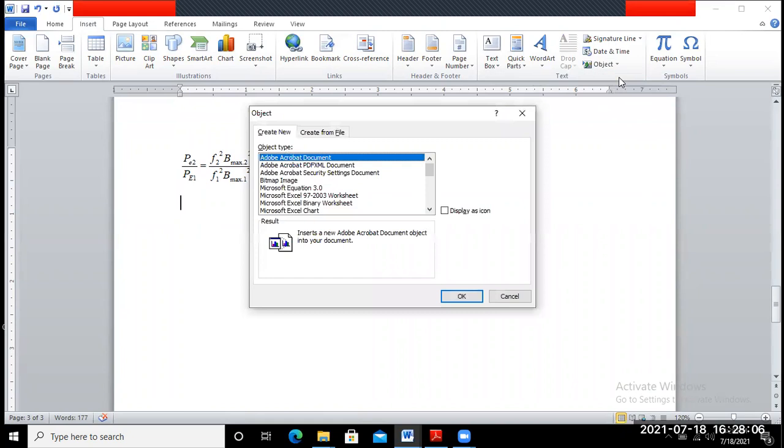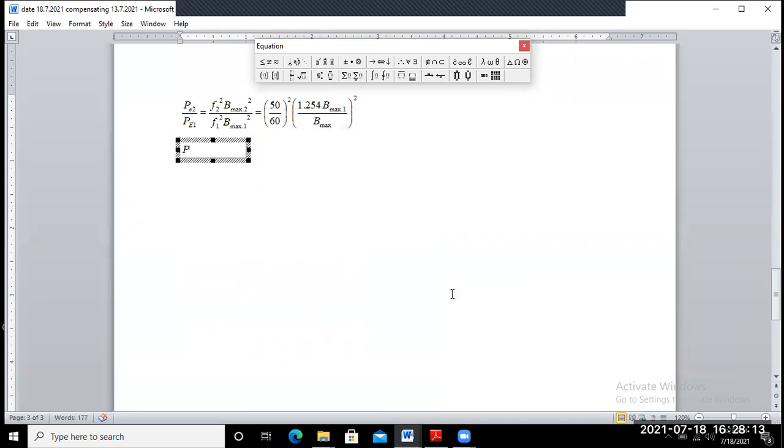We can write PE2 equals 120 into 5 by 6 whole square into 1.254 whole square.